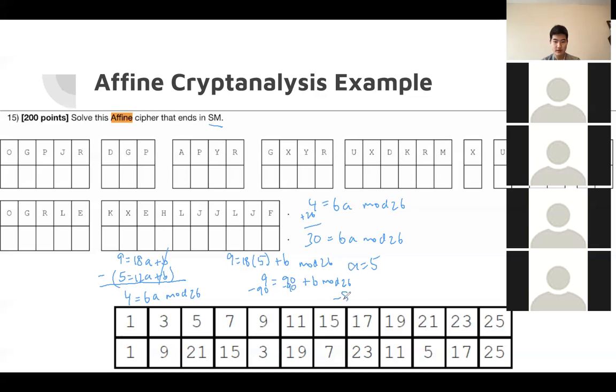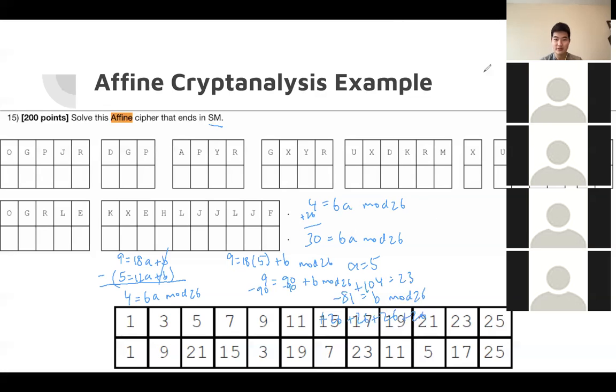Then you get negative 81 equals b mod 26. Like I said before with negative numbers, just add 26, 26, 26, 26 until you get something positive between 0 and 25. It's a very crude way of doing things, but it gets the job done. That's the same thing as adding 104, and that gets us 23.